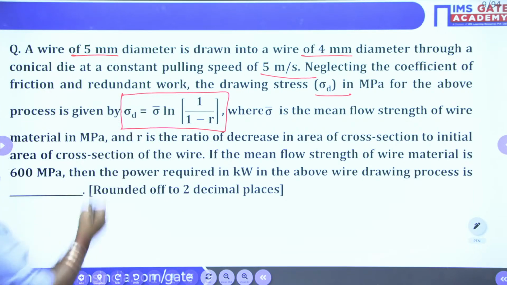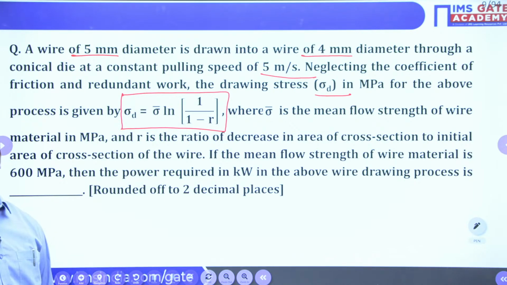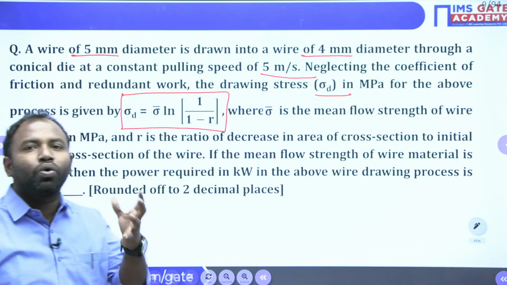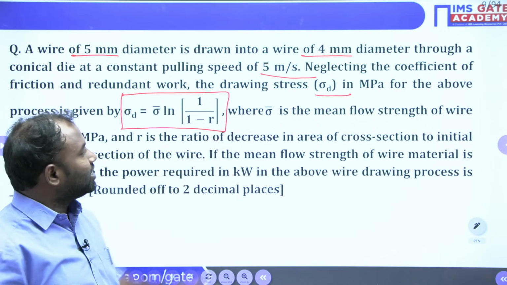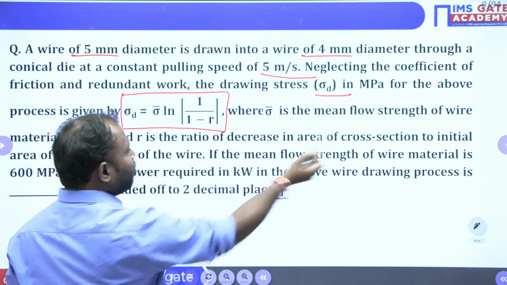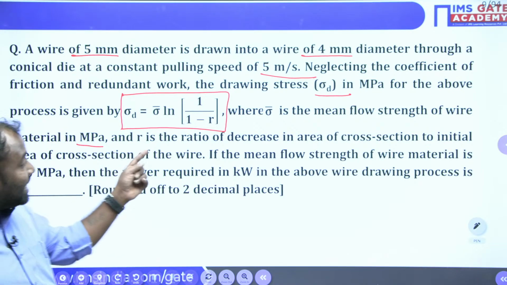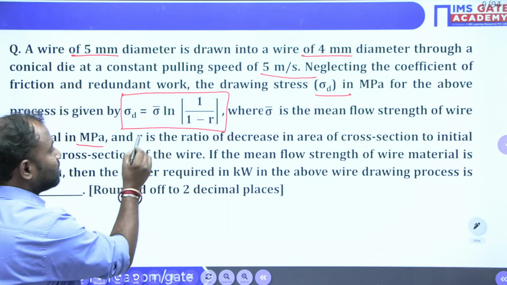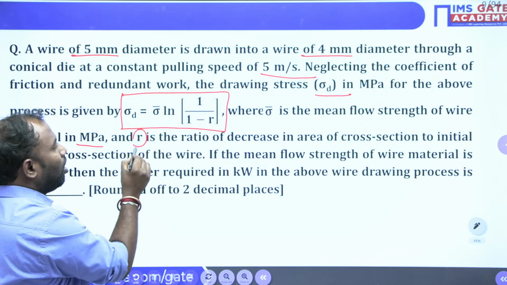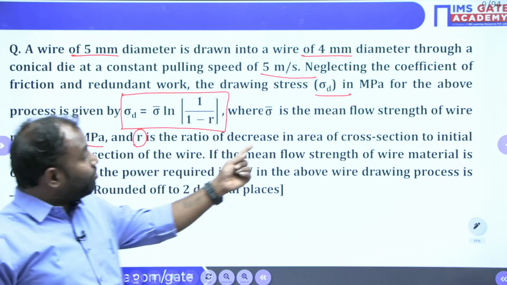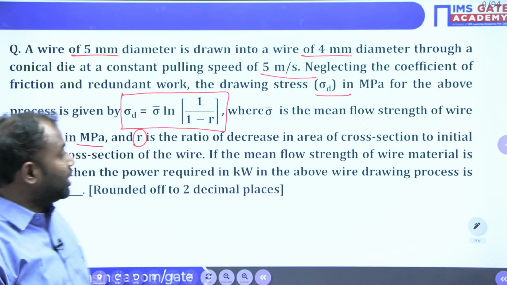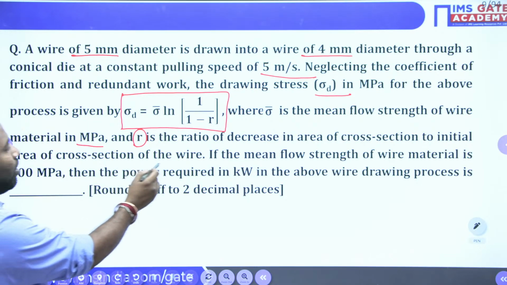This is the drawing stress formula. They considered that friction is neglected, which means mu equals 0. Sigma bar is the mean flow stress of the wire material in megapascal, and R is the ratio of decrease in cross-section area to the initial cross-section area of the wire.